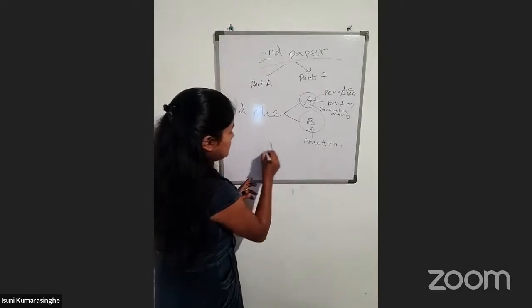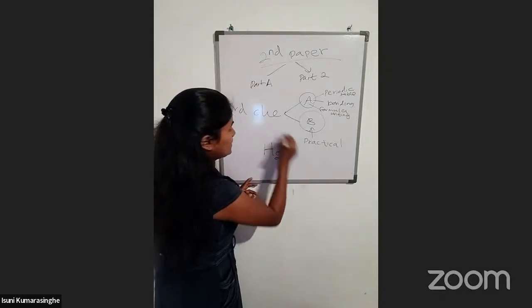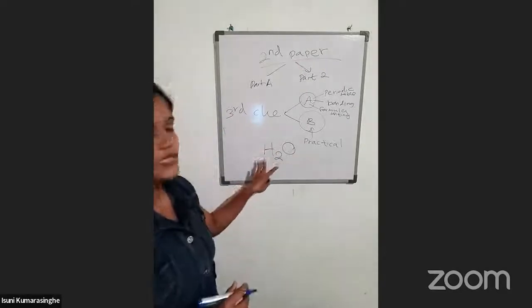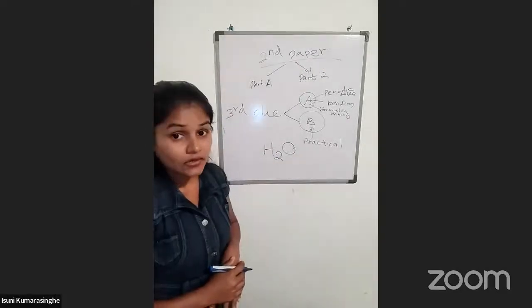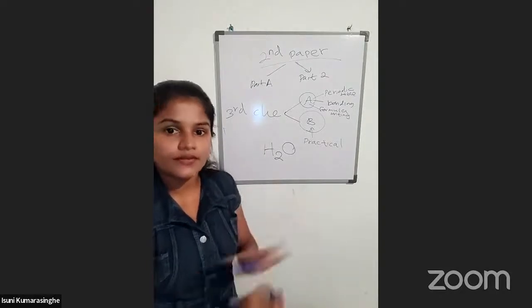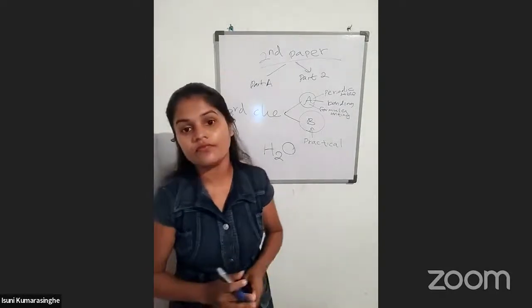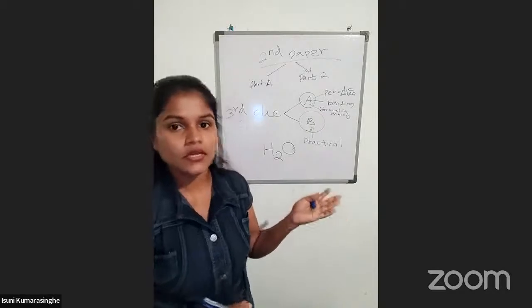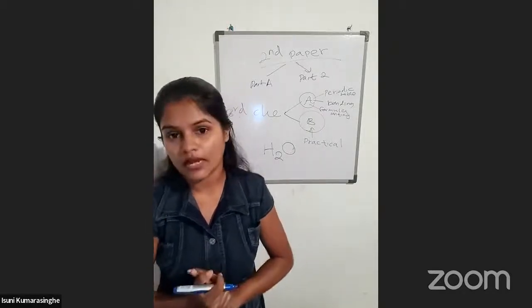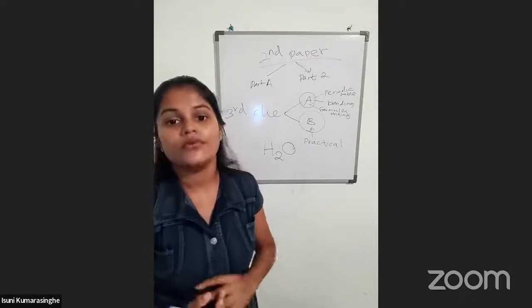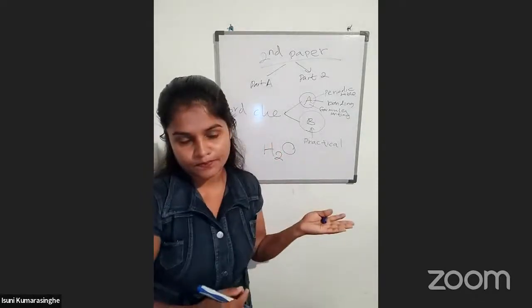In chemistry, you already know it. Simple one. This is H2O. This is the formula of water. Likewise, there are hundreds of formulas available in chemistry. You have to have a proper idea about the main formulas related to your syllabus.